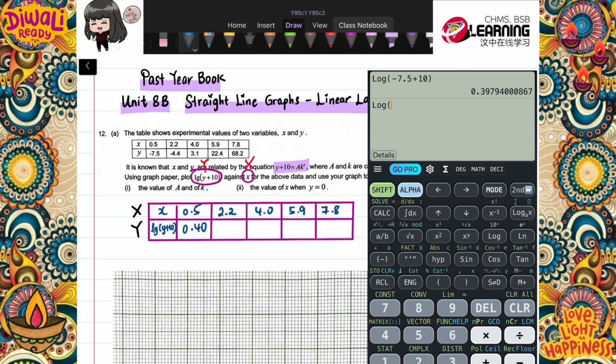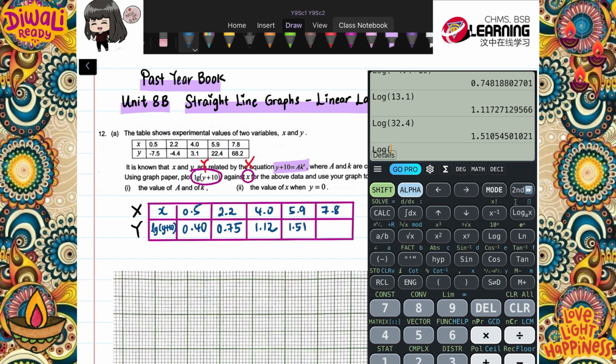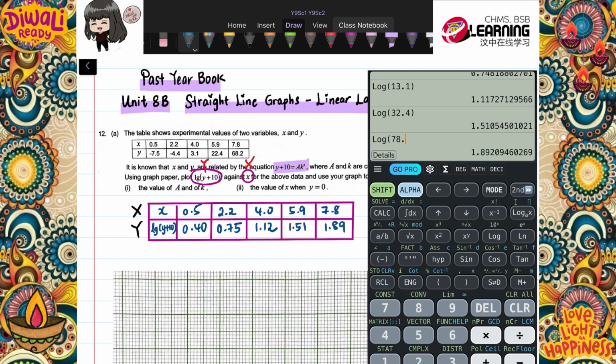Then I press the calculator again, substituting my y value into log of y plus 10. I get 0.75, and then 1.12. When I substitute 22.4, it's 32.4, straight away I add, so log 32.4 gives 1.51, and then 1.89.